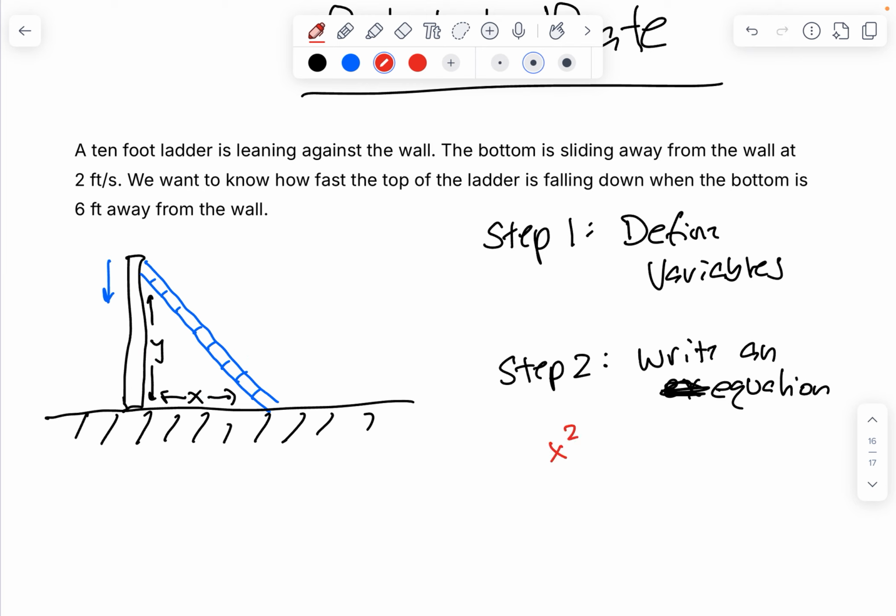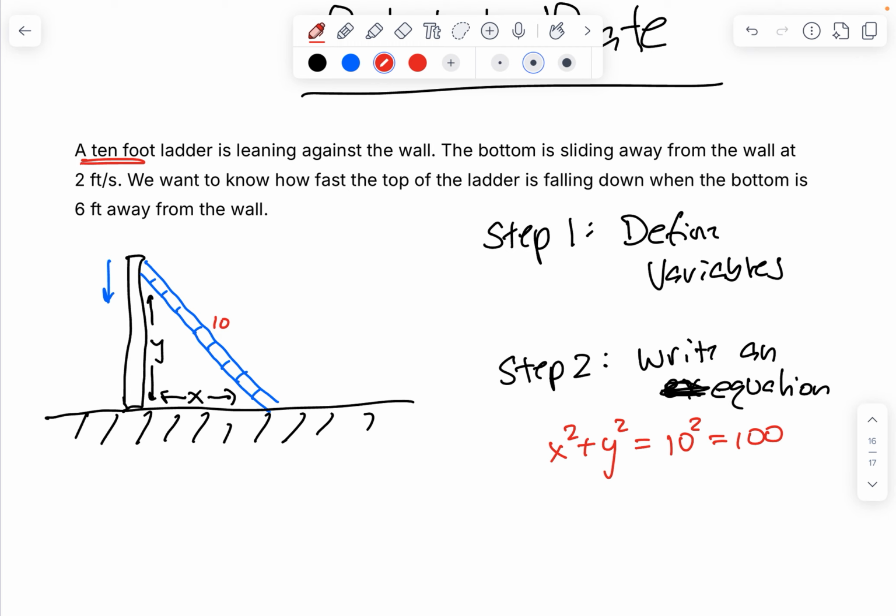So x squared plus y squared is equal to something, and the ladder stays 10 feet long, so we know that the Pythagorean theorem would be 10 squared, right, which is equal to 100. Because it's a 10-foot ladder, so we know that this is 10. All right, so x squared plus y squared is equal to 10 squared.